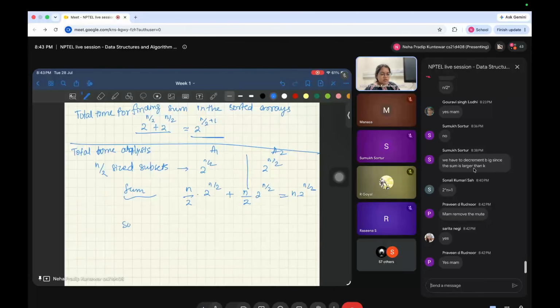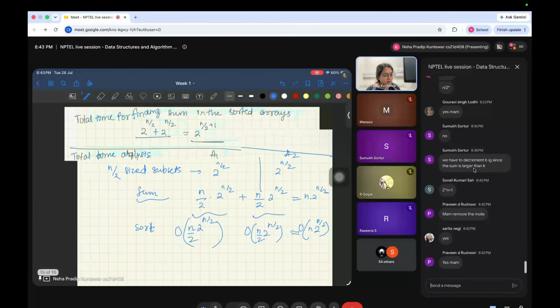And then you sorted this individually, which was again order n times 2 to the n by 2.